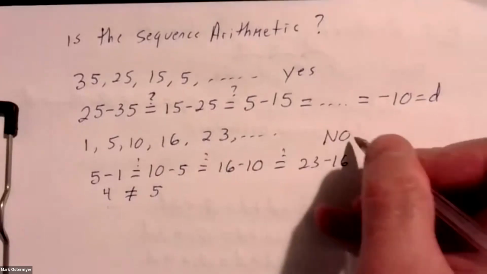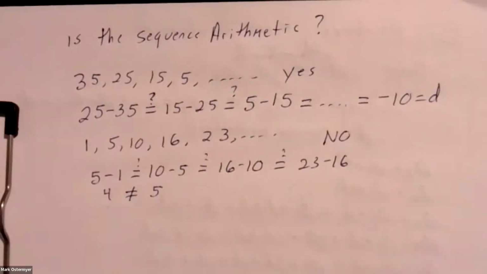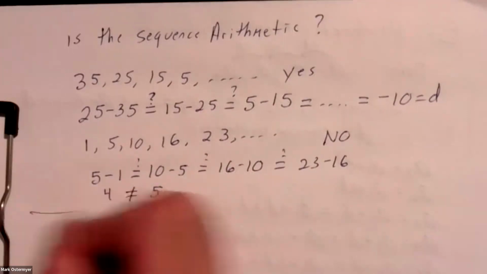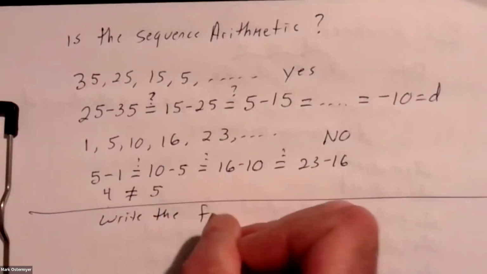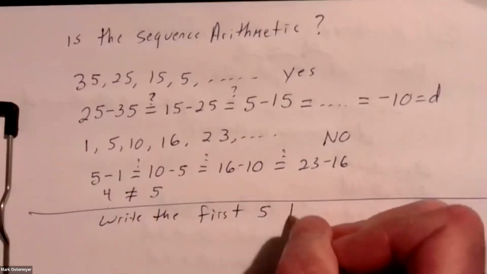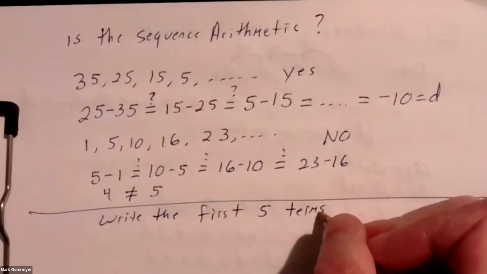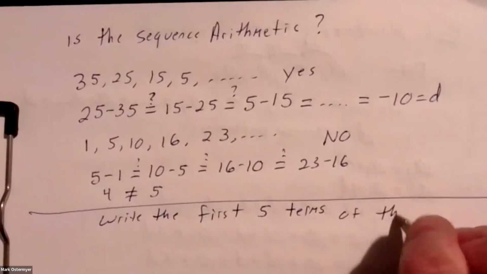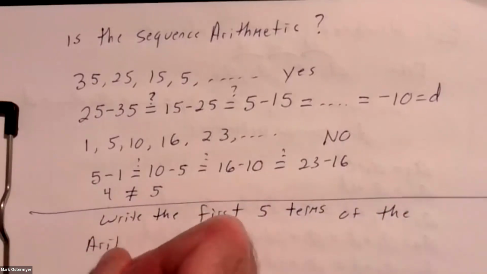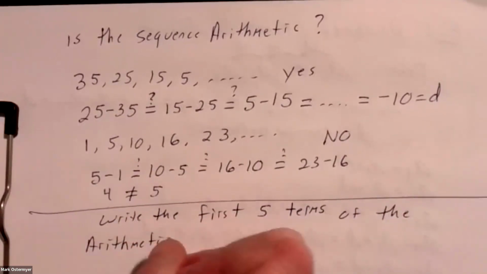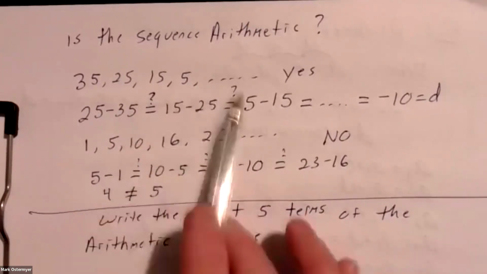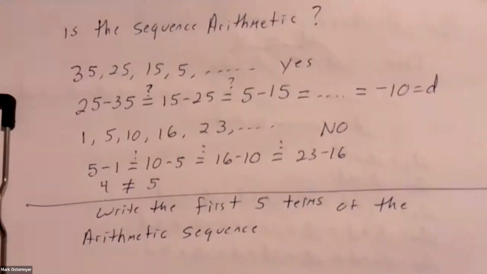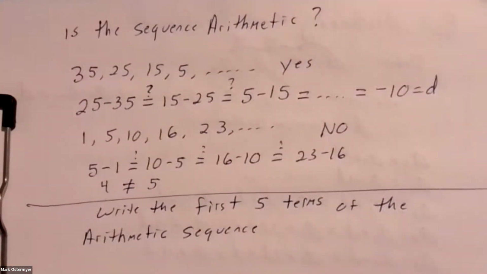So this would not be an example of an arithmetic sequence. So any question about how we determine whether a sequence is arithmetic or not? As long as it has a common difference, it's arithmetic, but if it doesn't, it's not.